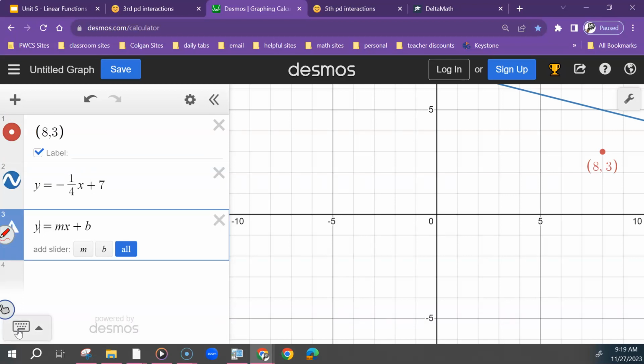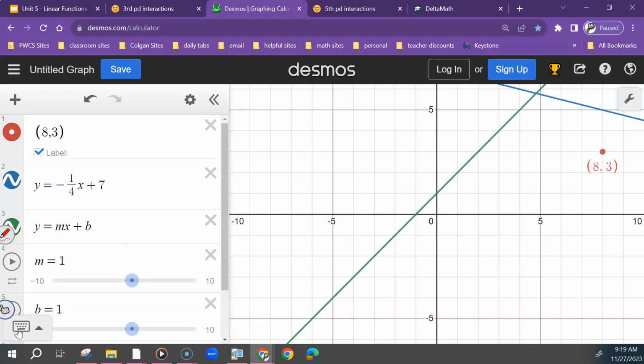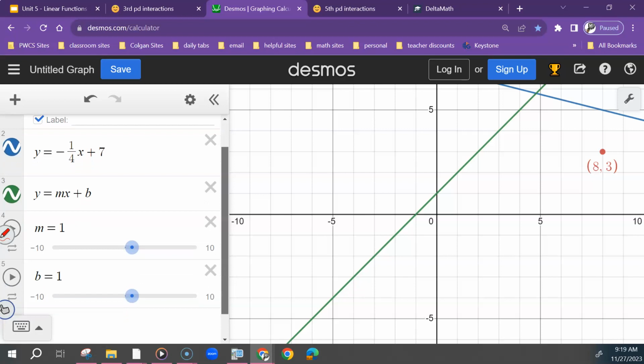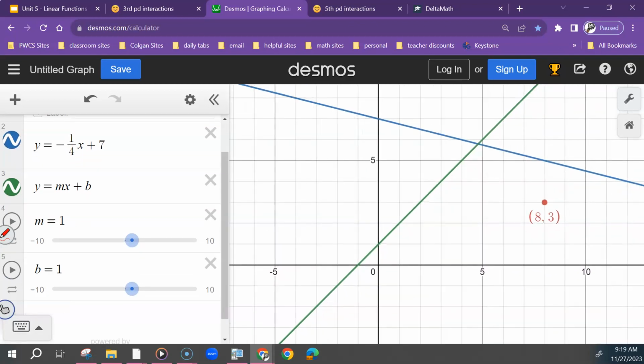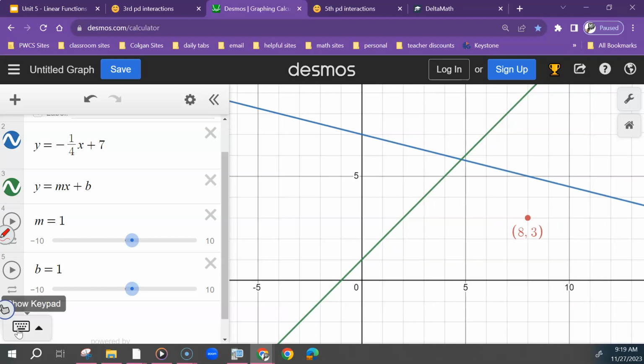And it's going to give you the option to add sliders, add all sliders. We want this to be parallel to the line given, so the slope would need to be the same, negative 1/4.